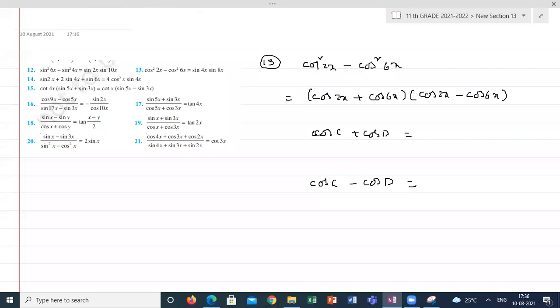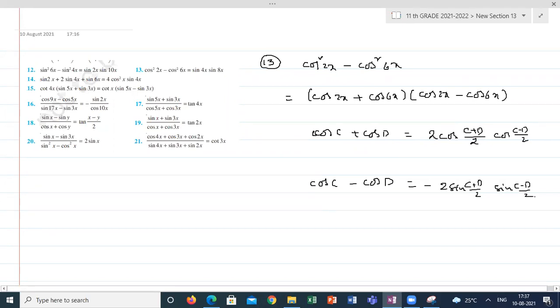Sure, cos C plus cos D is 2 cos (C plus D)/2 multiplied by cos (C minus D)/2, and cos C minus cos D is minus 2 sin (C plus D)/2 sin (C minus D)/2.